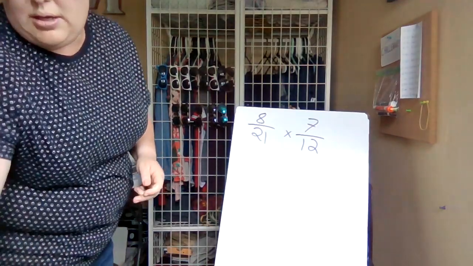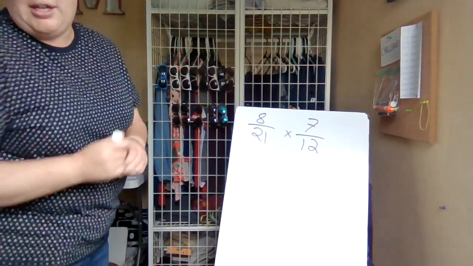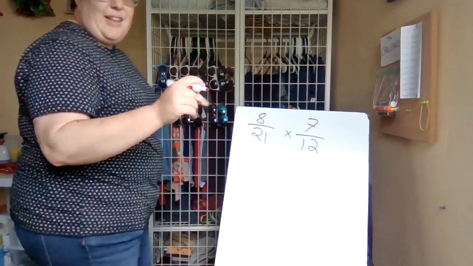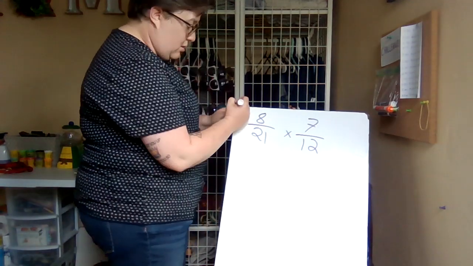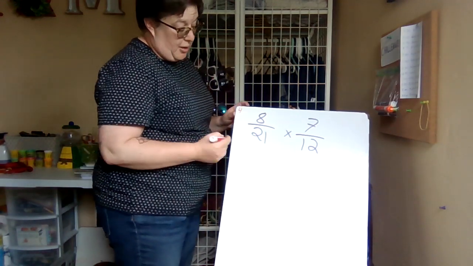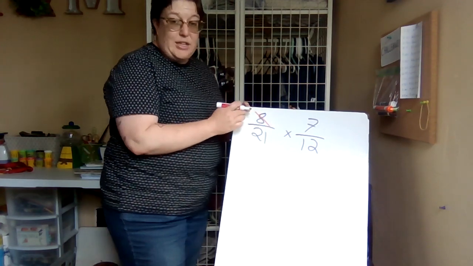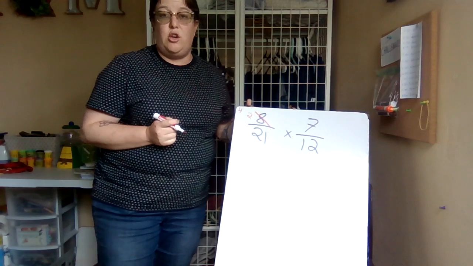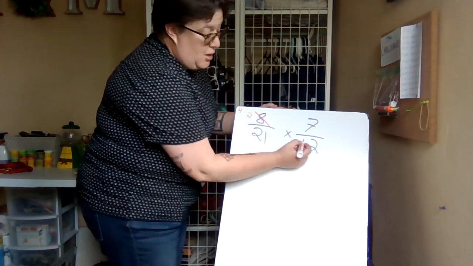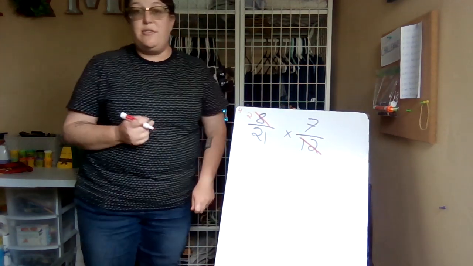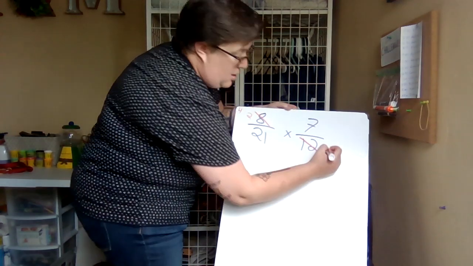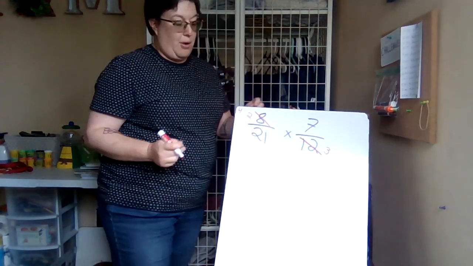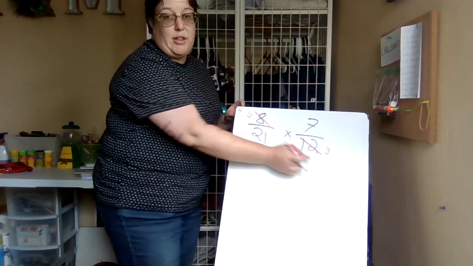So we had looked at 8 and 12, and the number that we said we were going to divide it by was 4. So I'm going to do that up here. 8 divided by 4 is going to be 2. That's going to be our new numerator for that one. Same thing here. 12 divided by 4 is going to be 3. So that's my new denominator on this one.